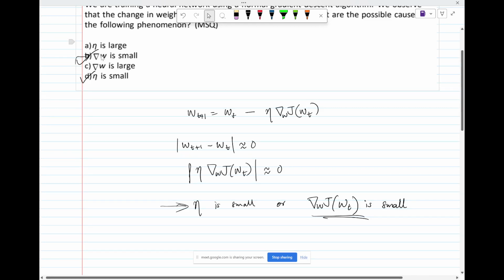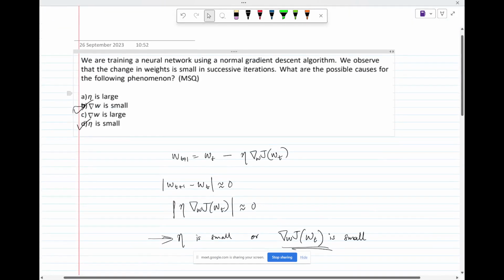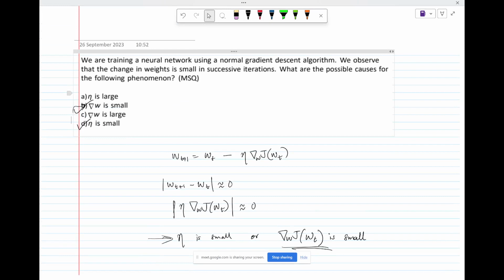This is the gradient with respect to w, that is small, and eta is small. So any doubts in this? Okay, then I'll go to the next question.